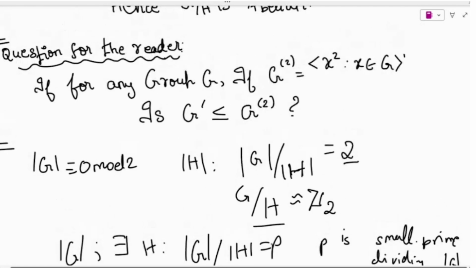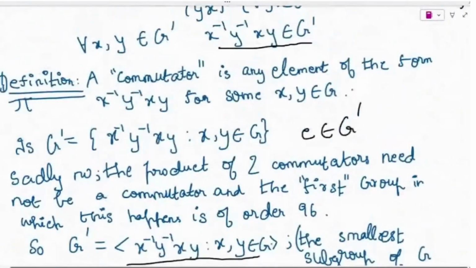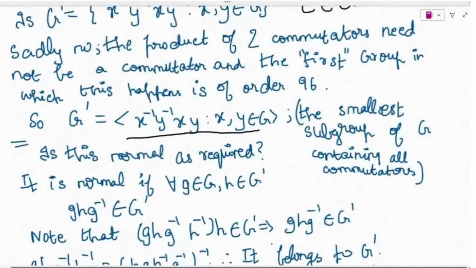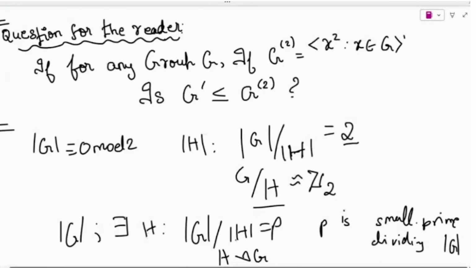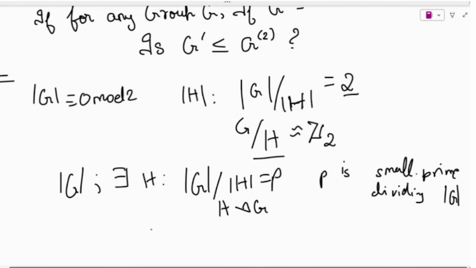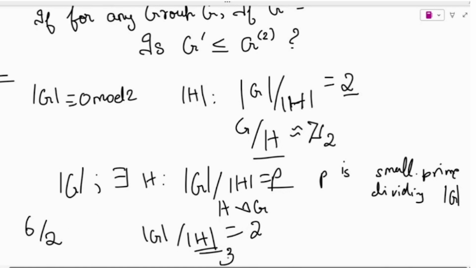In fact, that is what I used to guess my first example. In the example, I took S3, a symmetric group of order 6. The smallest prime dividing 6 is 2. So if I can find a subgroup H such that the order of G divided by the order of H is 2, then H must have order 3, and it will automatically be normal. That is the motivation to directly jump to groups of order 3.